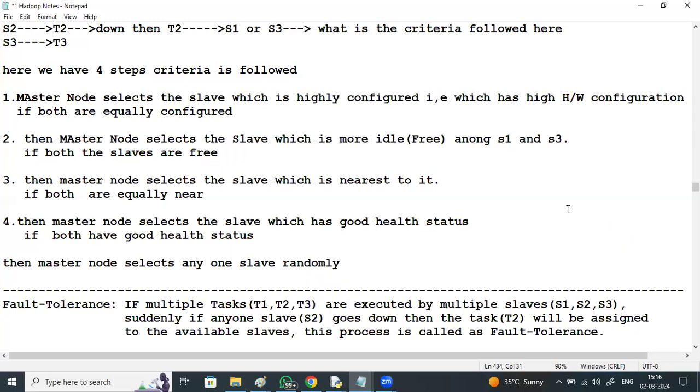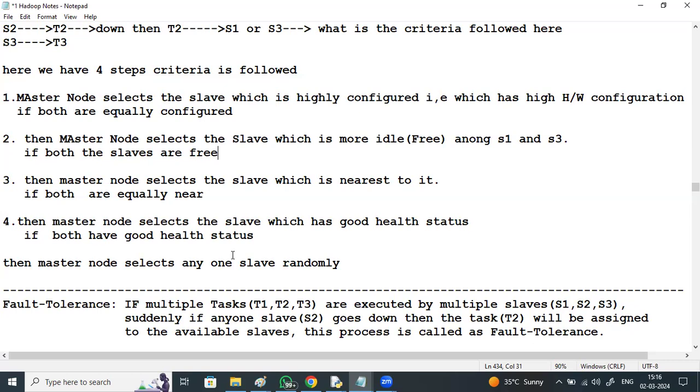In assigning a task to the slave, the question is: why is T1 assigned to S1 only?